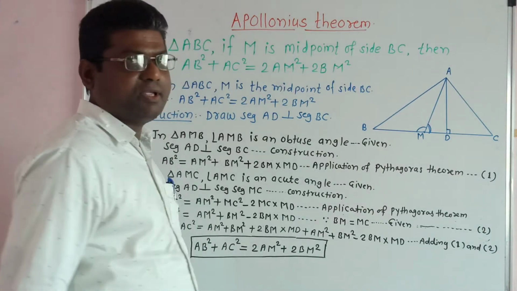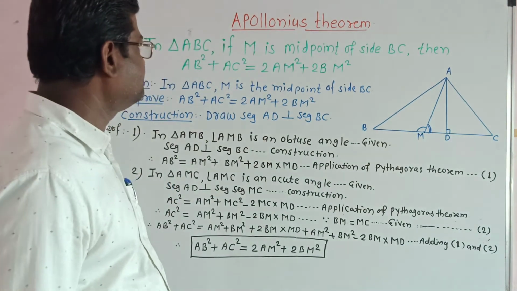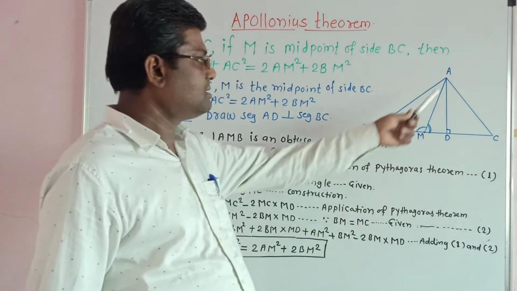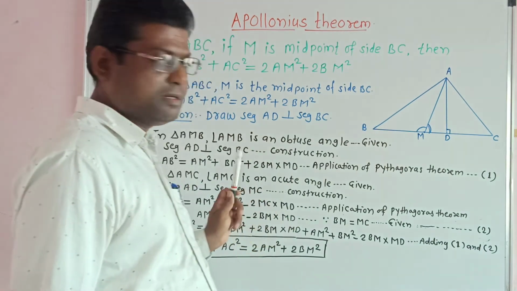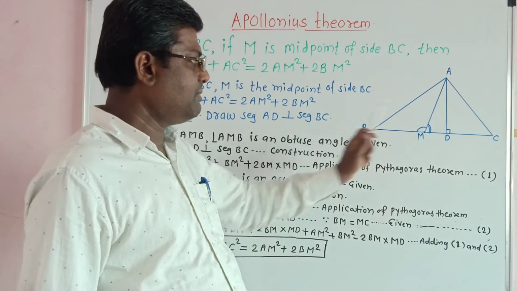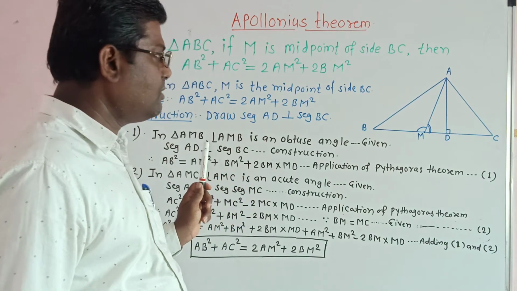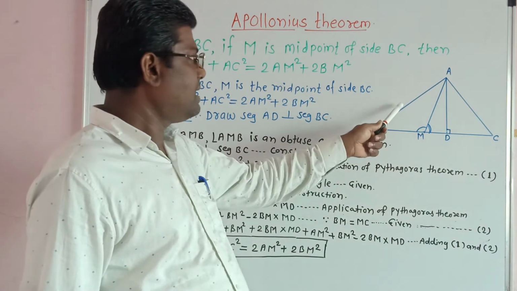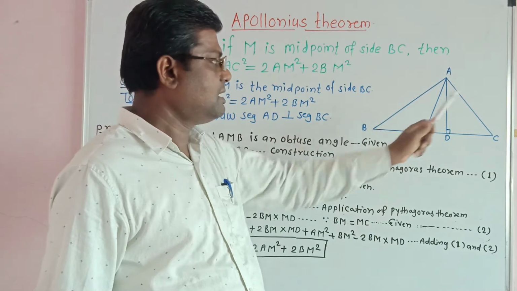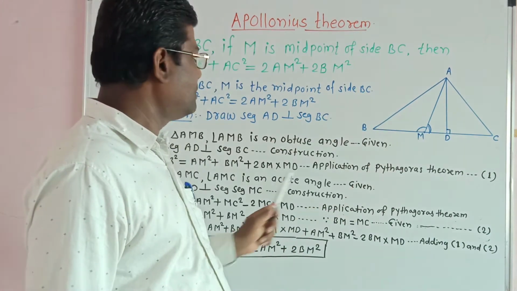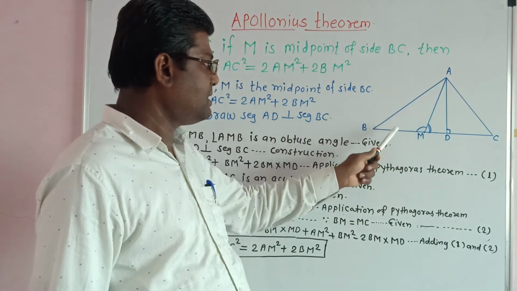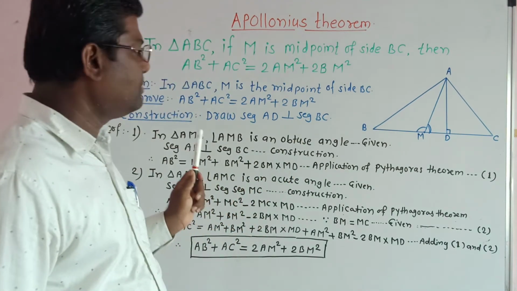Now the next theorem is Apollonius theorem. This is a triangle ABC in which M is the midpoint of side BC, and we have to prove that AB square plus AC square is equal to 2AM square plus 2 into BM square.